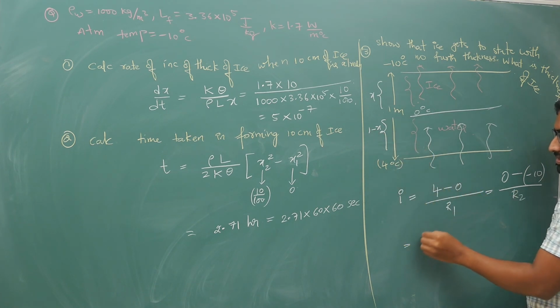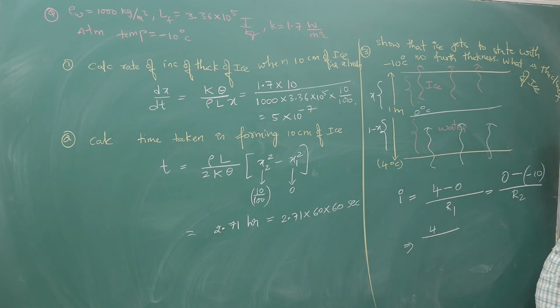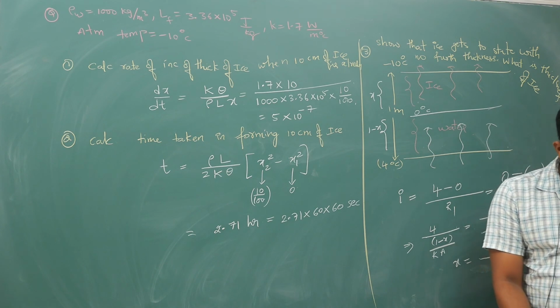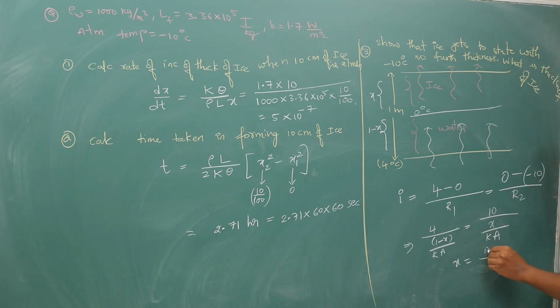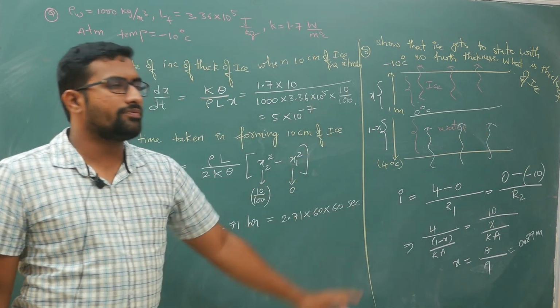For this part, assuming resistance as R1, your length is 1 minus x by thermal conductivity K into area, that is equal to 10 by R2, where this part length is x by K into A. Simplify this, get the value of x, that is your final answer. So it is 17 by 19, which is approximately 0.89 meters. Like this you have to calculate your final values of thickness of ice and all.